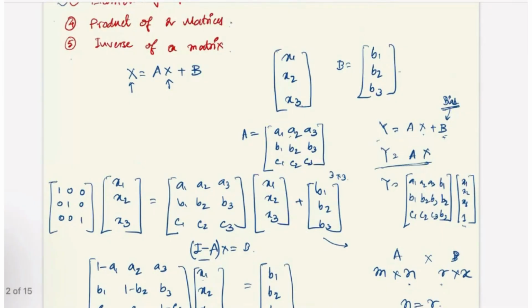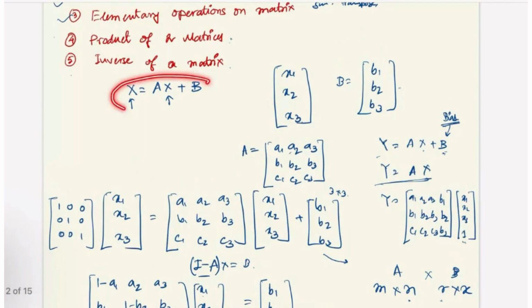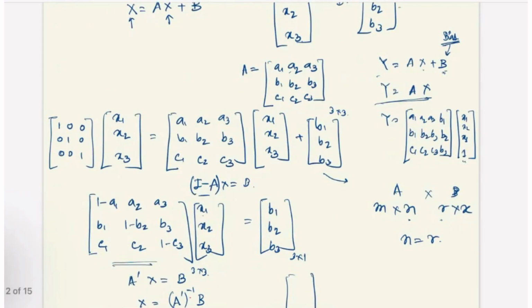So if you have a system of linear equations, then you can write it in this form: x equals Ax plus b. A is a matrix, b is a vector, and x is also a vector. Basically, you can write it like this.